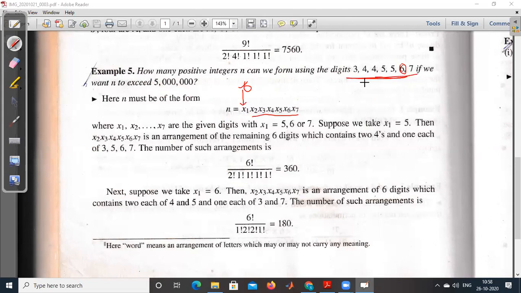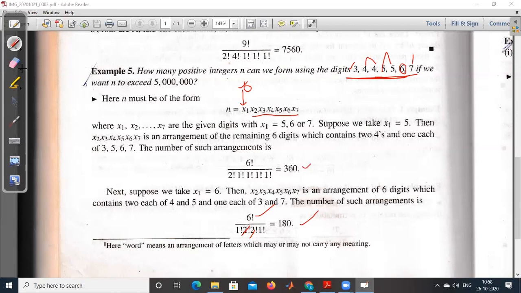How many are there? 6 numbers are there. So 6 factorial, and 4 is repeating 2 times, so 2 factorial, and 5 is also repeating 2 times, so 2 factorial. 3 one time and 7 one time. So finally this gives 180.